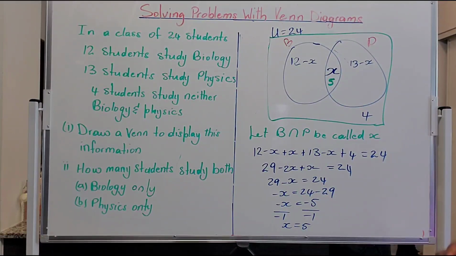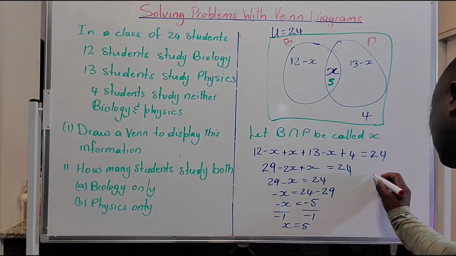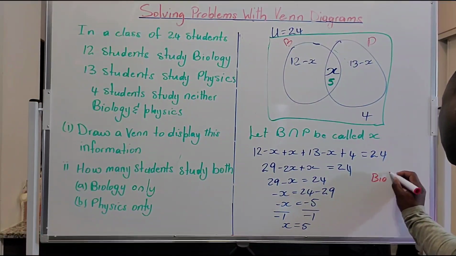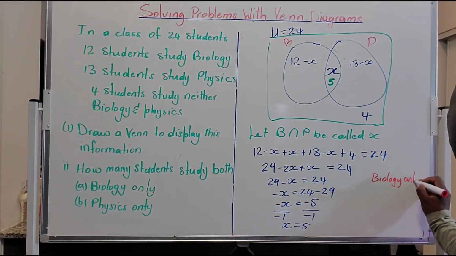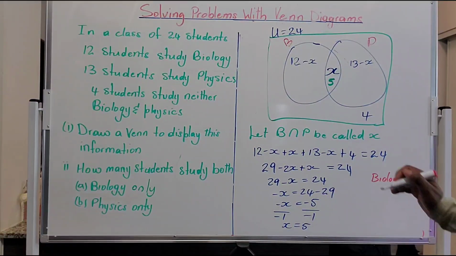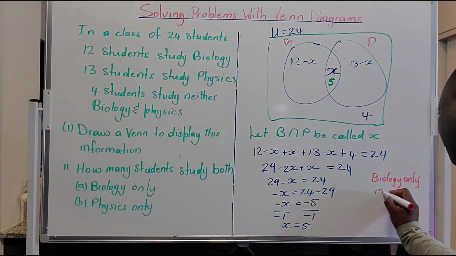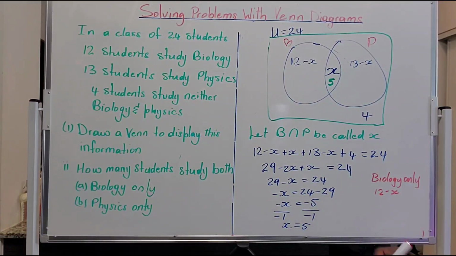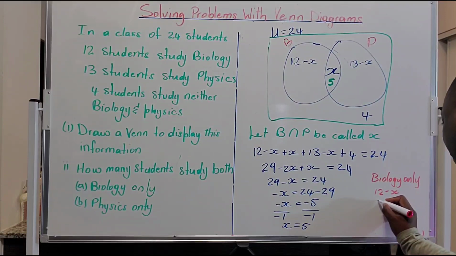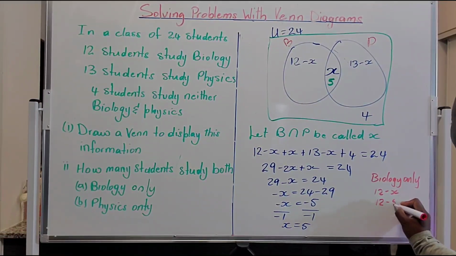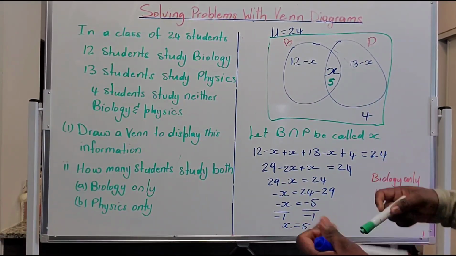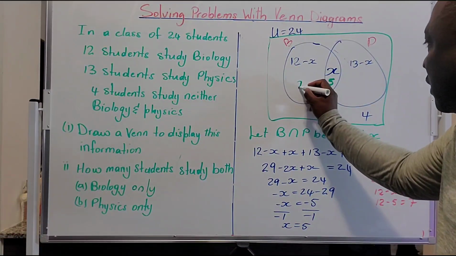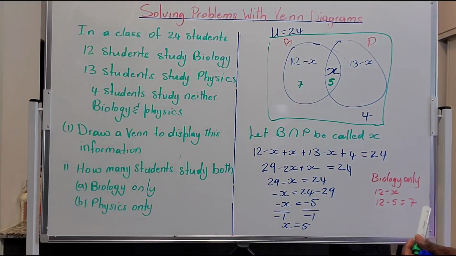Now it asks us for biology only. So we'll do that. So biology only, guys, would be 12 minus X. And in this case, we know X to be 5, so 12 take 5, which will give us 7. So we can safely consider that 7 students are doing biology only.